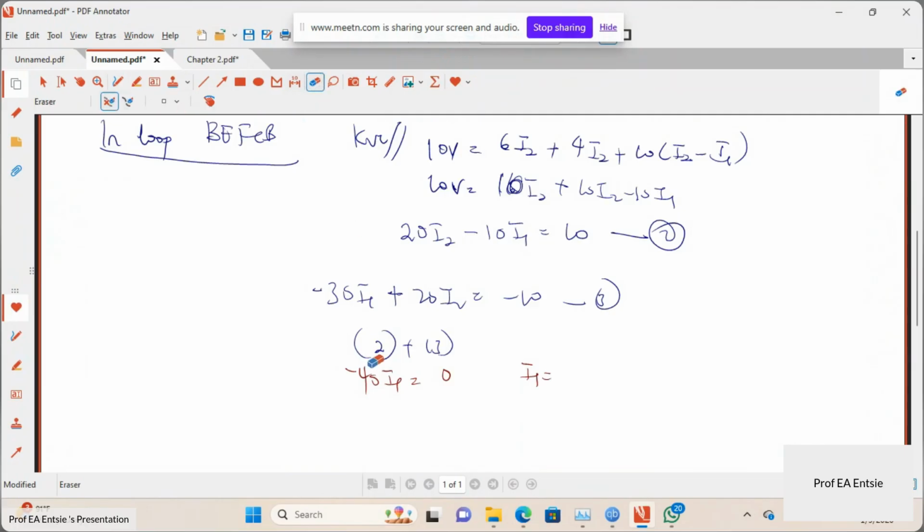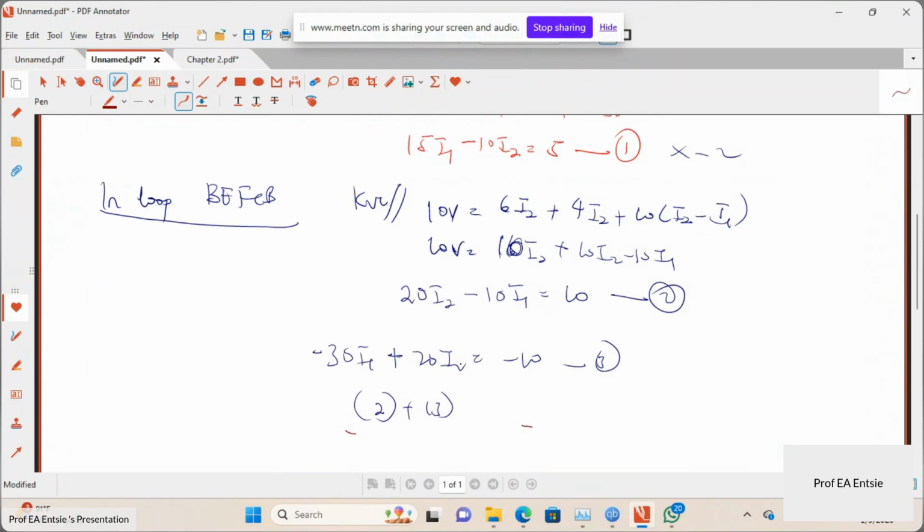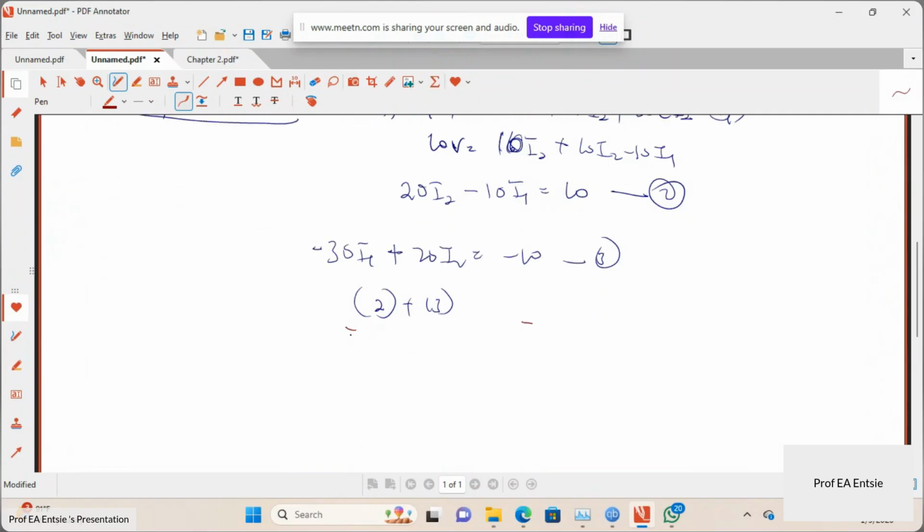So here is 20I2 minus 10I1 equals 10. So with this, we add this plus this, we cancel this and that.